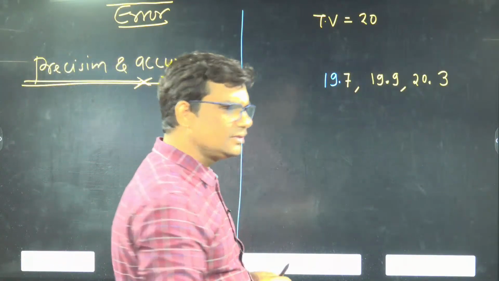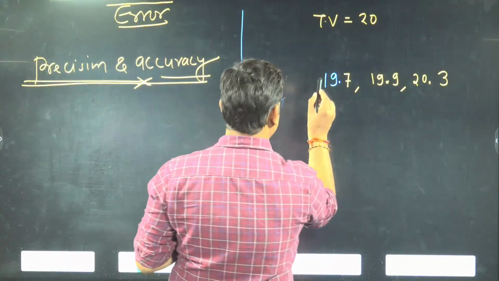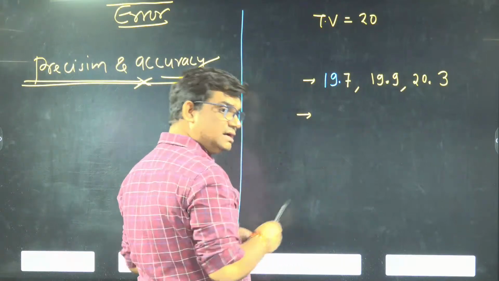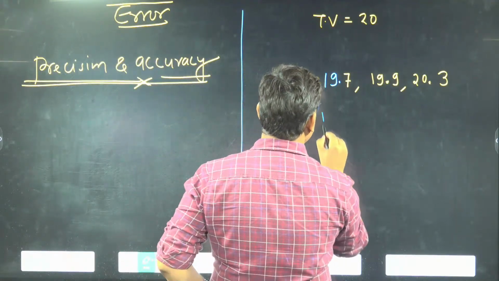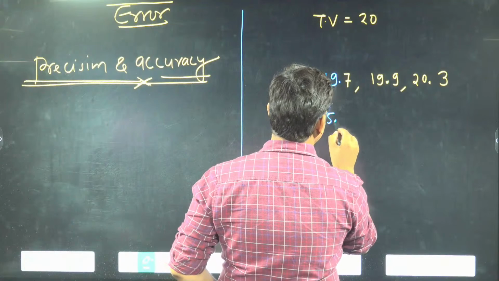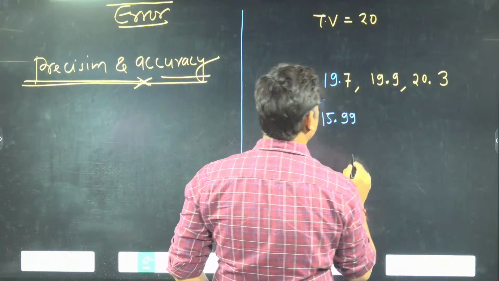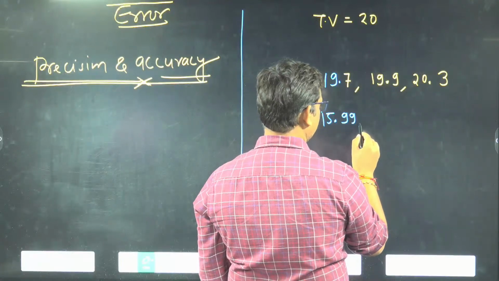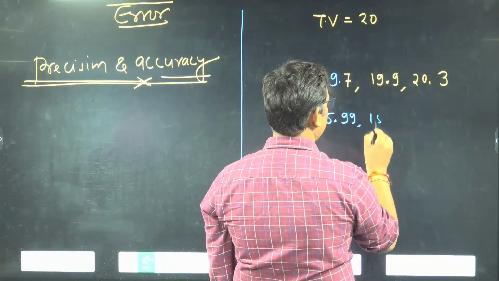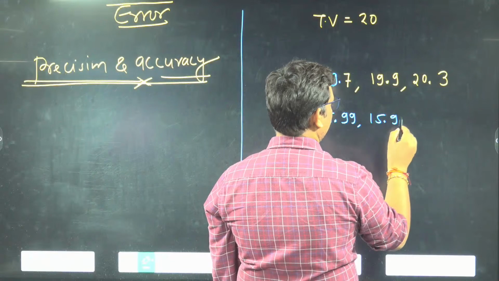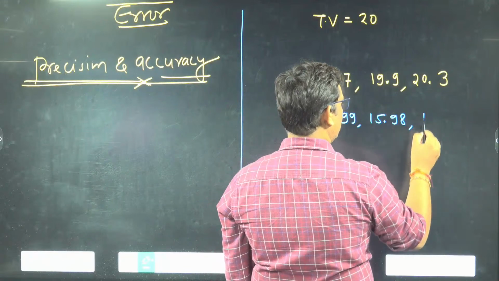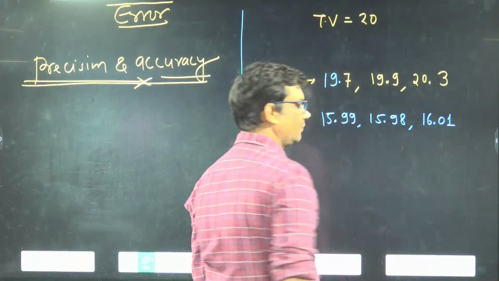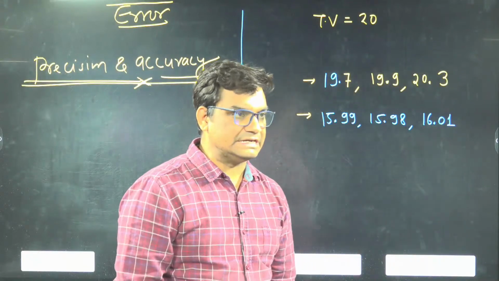Student 2 has taken the readings like this: he got 15.99, the next reading 15.98, and 16.01. He got these readings.